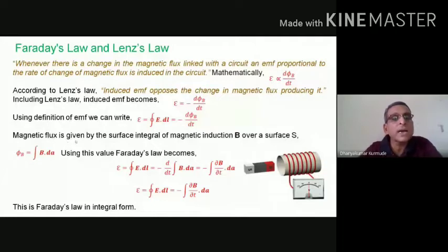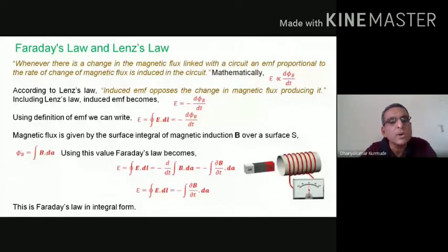Magnetic flux is given by the surface integral of magnetic induction B over the surface S. That is, magnetic flux phi B is given by the surface integral of B dot dA. This is similar to electric flux, where we wrote electric flux as the surface integral of E dot dA. In the same way, magnetic flux is the surface integral of B dot dA.